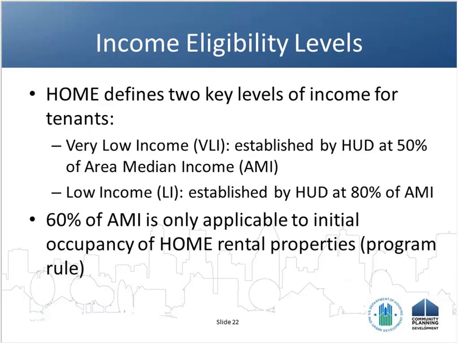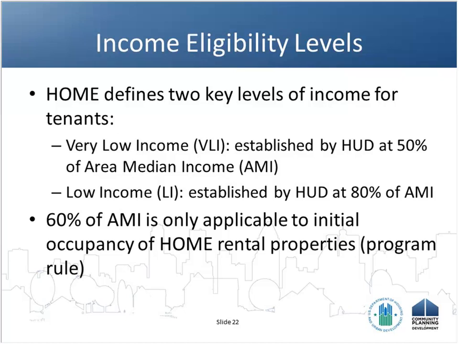We talked earlier about the project rule and the program rule and making sure we're in compliance. When we have a very low income person, that income requirement is at 50% area median income. As we mentioned, for our Low HOME units, that's the maximum income for those units.